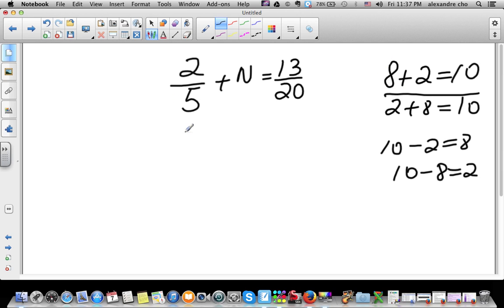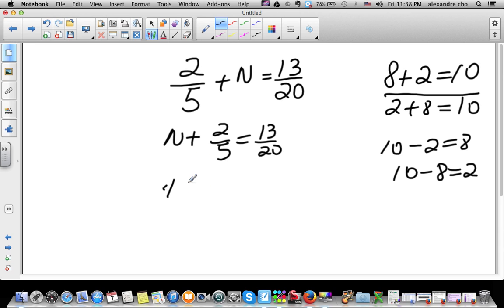So on that side, I'm going to do the same thing to see if there is another way of an expression to help me find what this n is. So I can also write n plus 2/5 equals 13/20. Now that I have, it's always 2 additions to subtraction, or later on you'll see it's 2 multiplication to division.